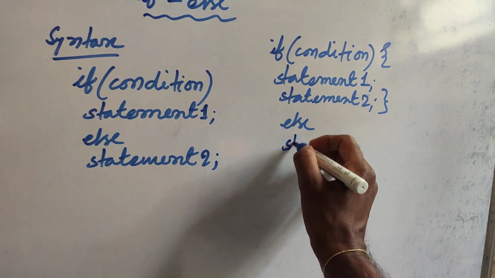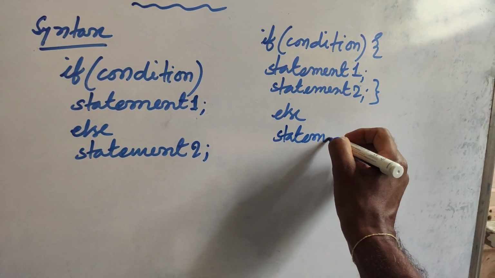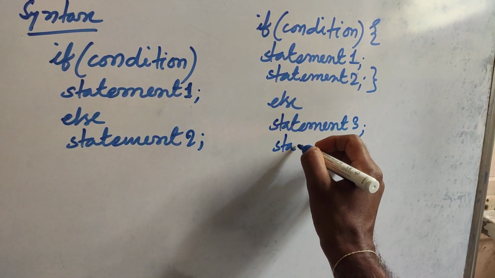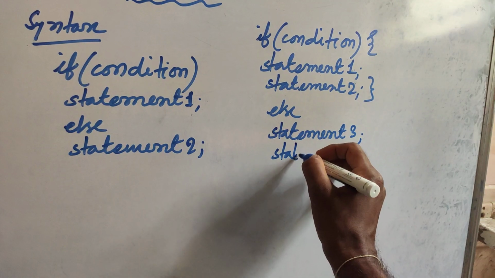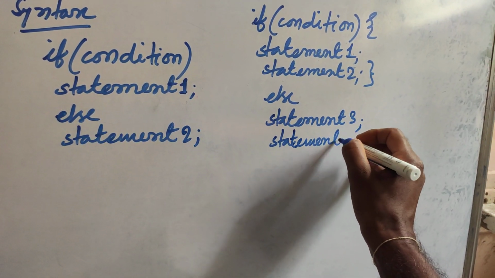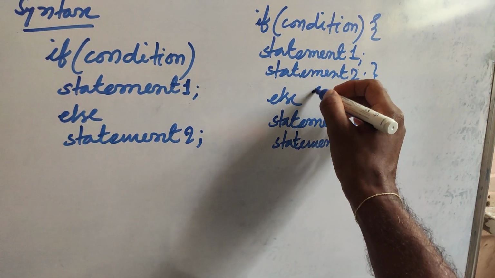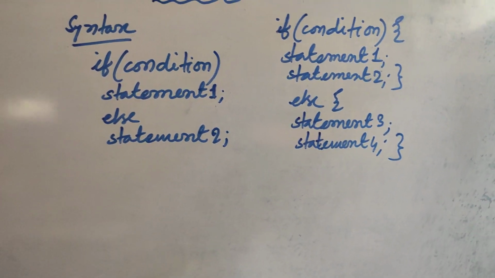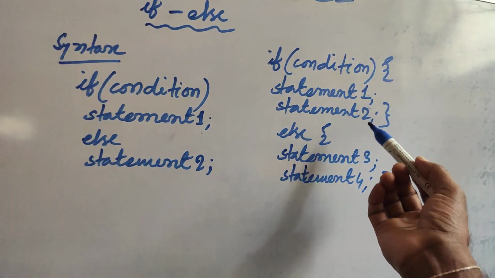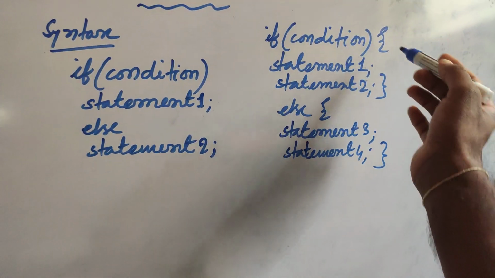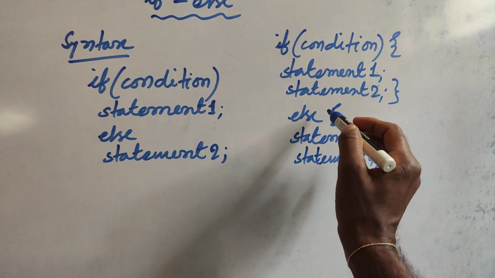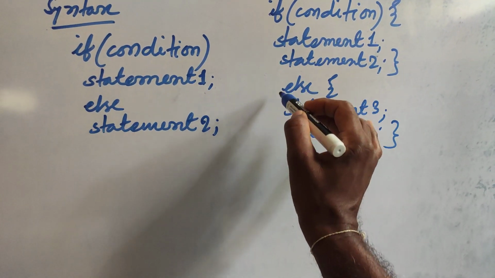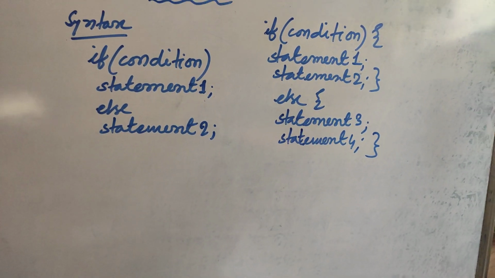If 2 statements, then you have to give braces that way: statement 3, and so on. So this is also one syntax. But you have to give braces. In else there is no visible condition, but invisibly there is a condition. Else is also the false part of the condition.